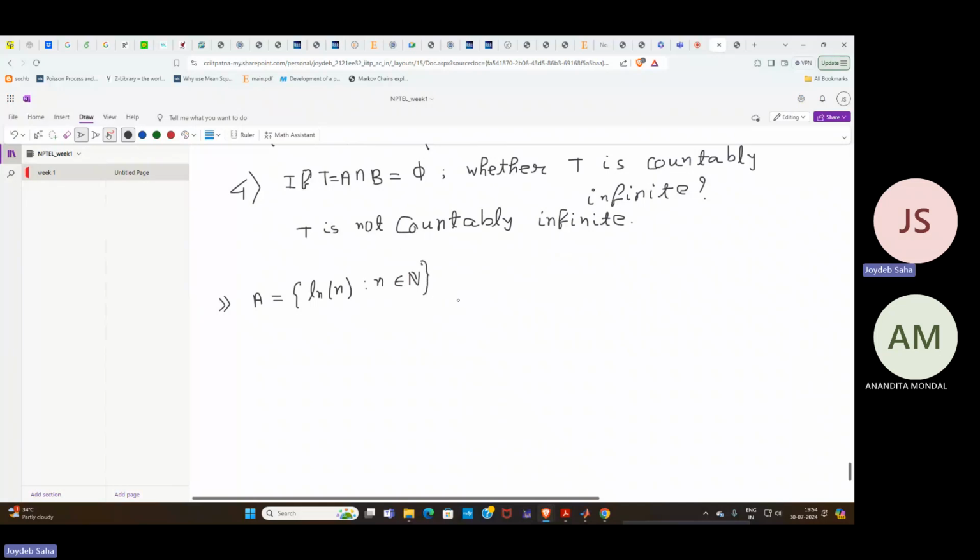And we are also making a condition that this is a subset of R. So the question is whether A is countably infinite.